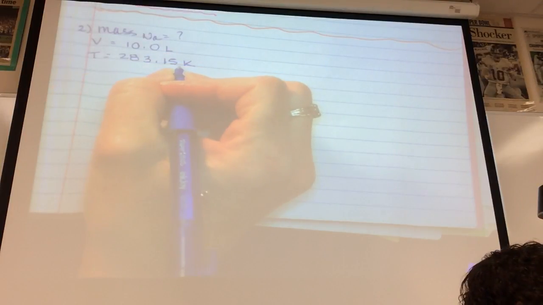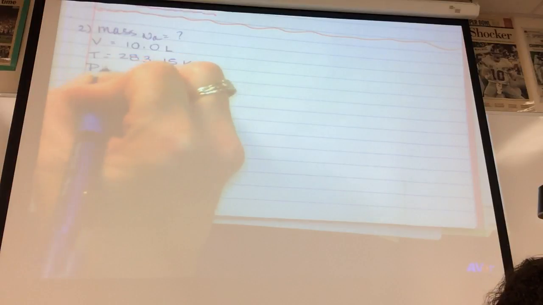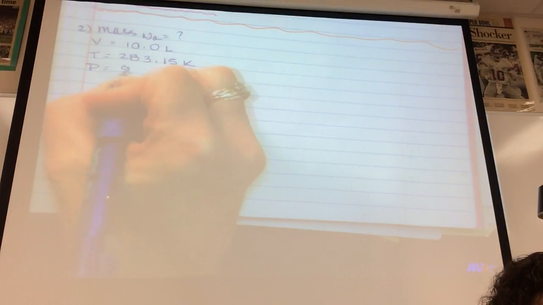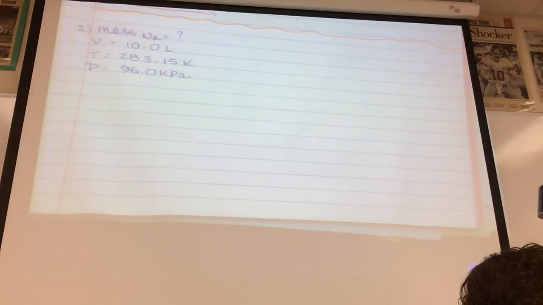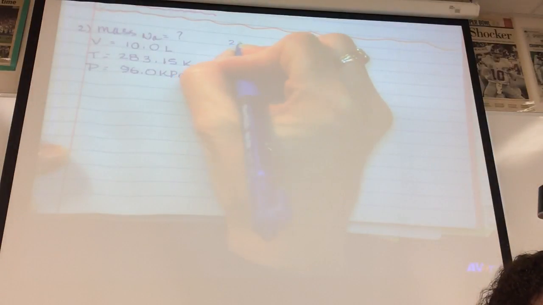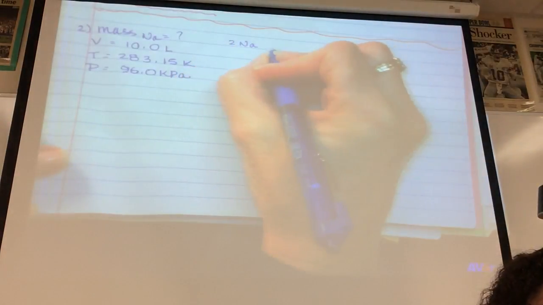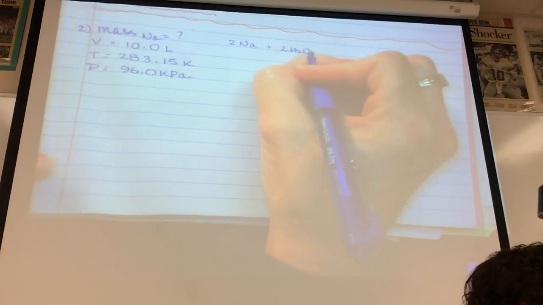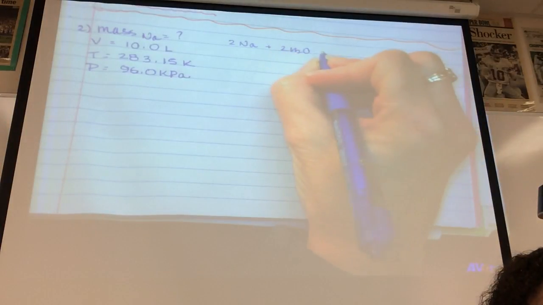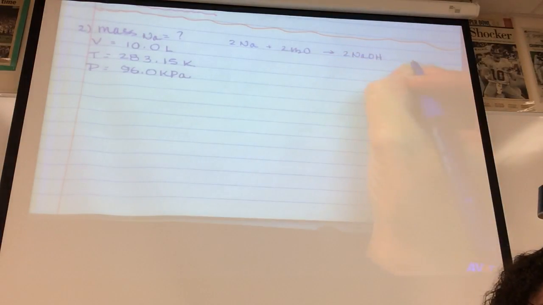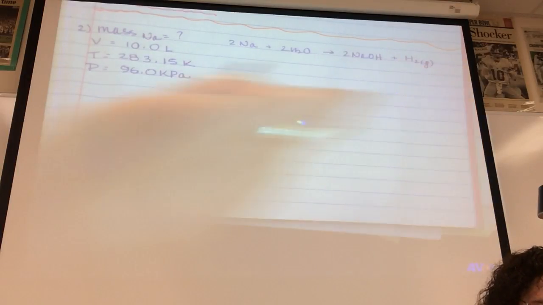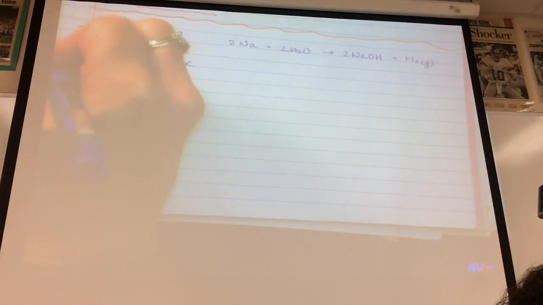We don't play in degrees Celsius in this chapter. And the pressure is 96 kPa. And they gave us the balanced equation as well. 2 sodium react with 2 water molecules, solid and liquid respectively, to generate 2 sodium hydroxide, which is aqueous. It's water soluble. You'll learn about that in the next chapter. And our hydrogen gas. So this information is all about hydrogen gas.